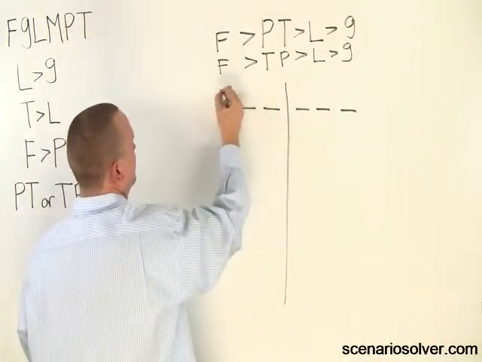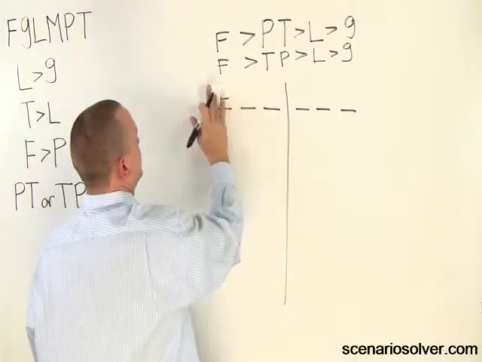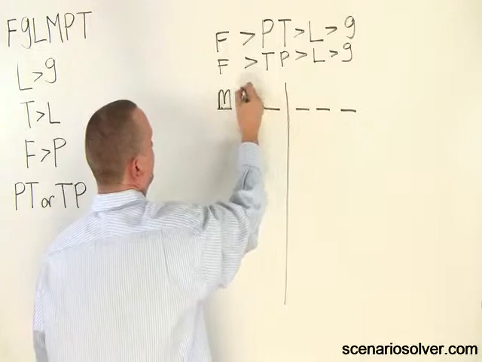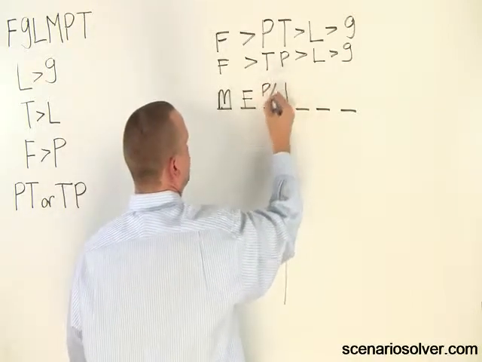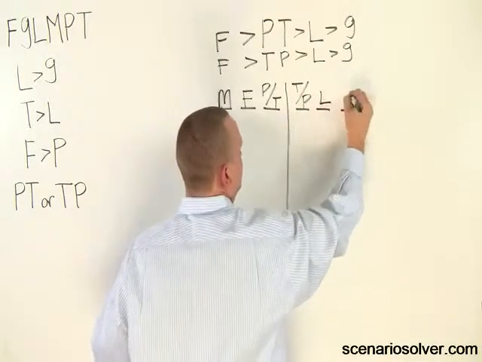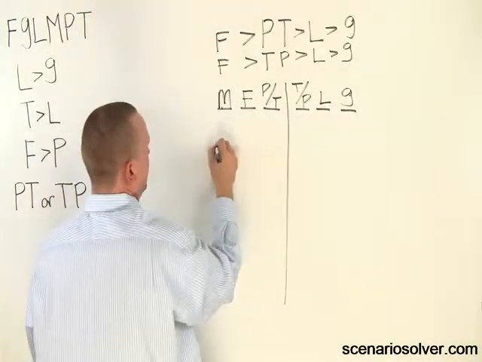Let me redo that. If I start with M here, then I have F, and I'm going to create an option, PT, TP, L, G. All right, that's done with that.